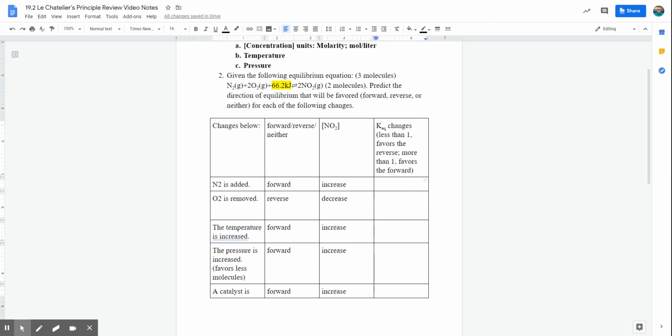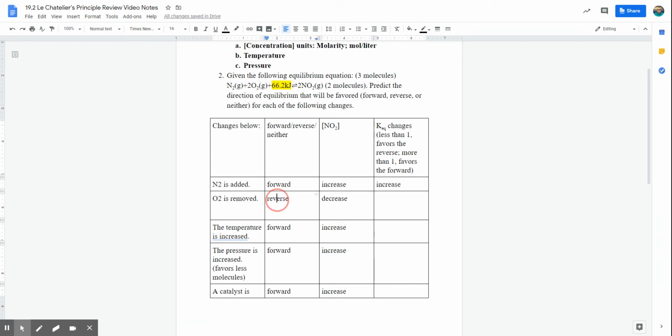All right, so you will notice that in the first one, by adding N2, the forward is favored. So that means that the KEQ will increase. And you're also going to see a trend here that the increase and decrease is going to be very, very similar to the NO2, or nitrogen dioxide, concentration.